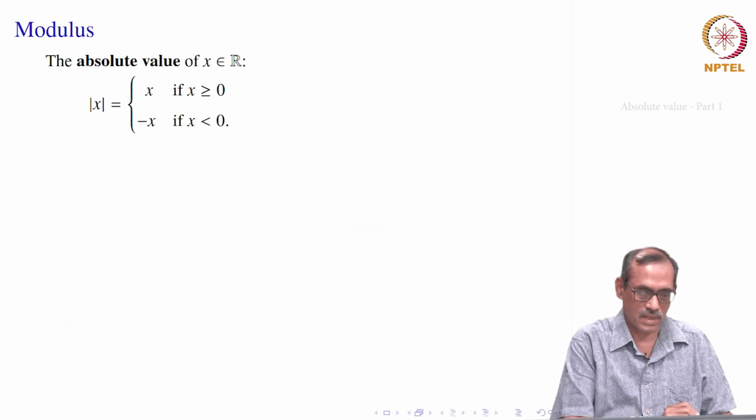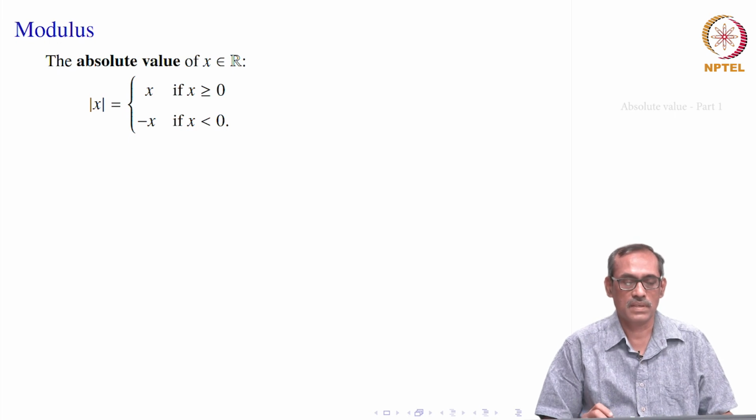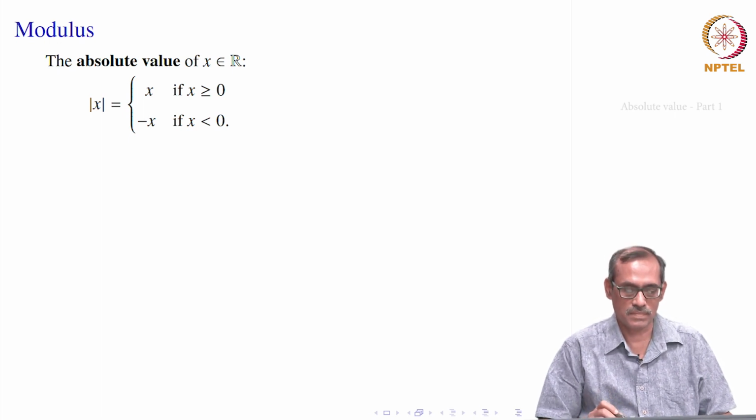Okay, so let us start with the definition of the absolute value, which is also called the modulus. Suppose x is a real number, then its absolute value is defined this way: in two cases, if the real number x is greater than or equal to 0, we say that the absolute value of x is equal to x, or mod x equal to x, and if x is negative, less than 0, we say that the absolute value of x equal to minus x.